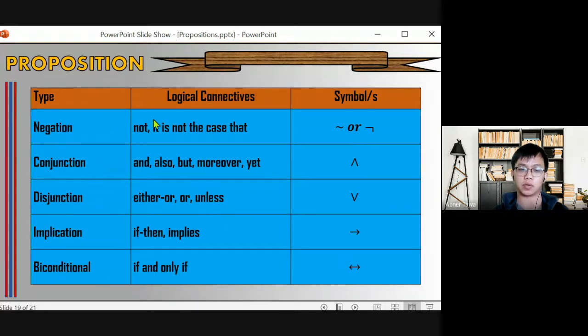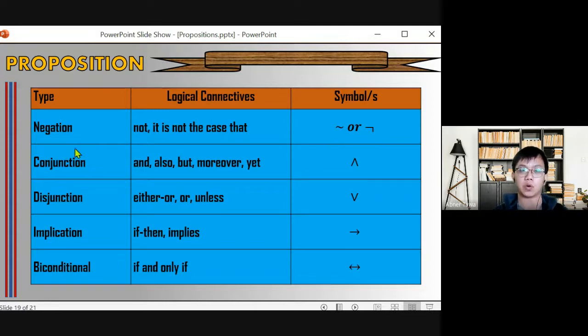And then we can use here the connectives not, and it is not the case. Or we can just take the opposite or the antonym of the given descriptive word. And the symbols for that, you can have here this one, and the other one is this one. So in some reference books, they use this one as a symbol for negation.